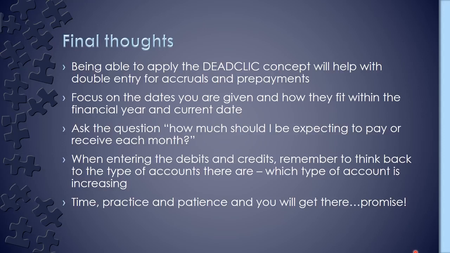Focus on the dates you are given in the question, what your transaction date is, and how they fit within the financial year. So draw out your little timeline, identify what the overlap is, so what is okay to sit in that year, or if you need to accrue or prepay it.